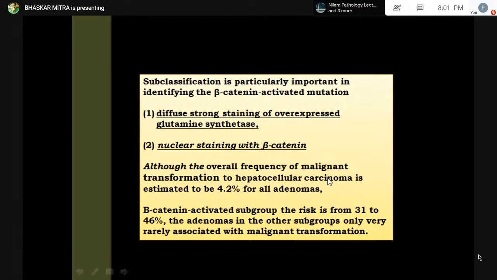Other groups rarely transform into malignancy, but this beta catenin activated group usually does.